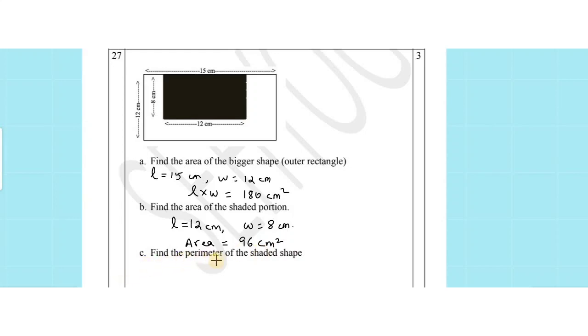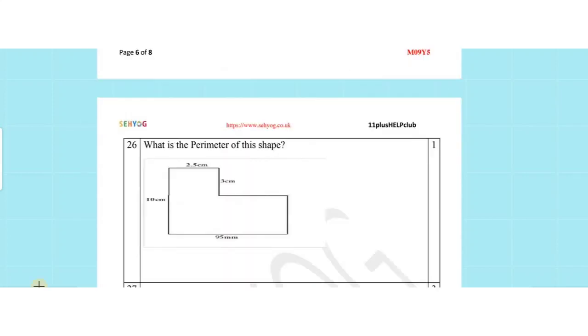The perimeter of the shaded shape is 8 plus 12 plus 8 plus 12, which gives us 40 centimeters.